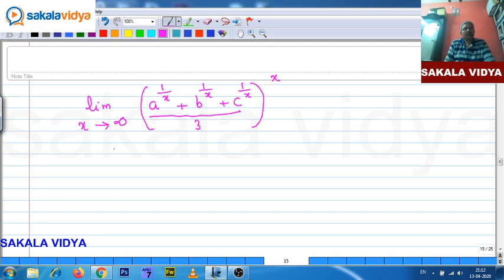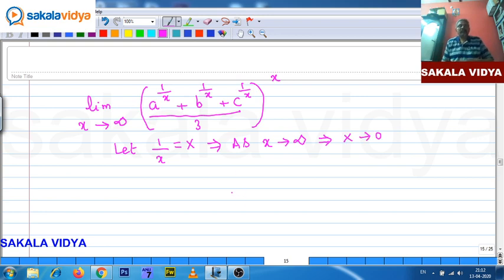Here let us say this 1 by x is equal to some capital X. See, as x approaches infinity, this capital X approaches 0. Now we can change the problem.